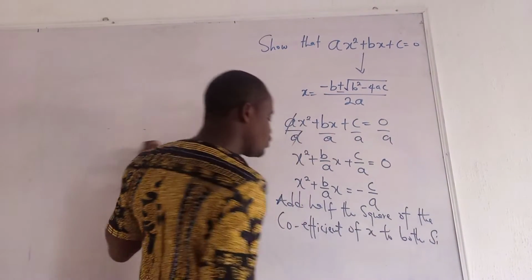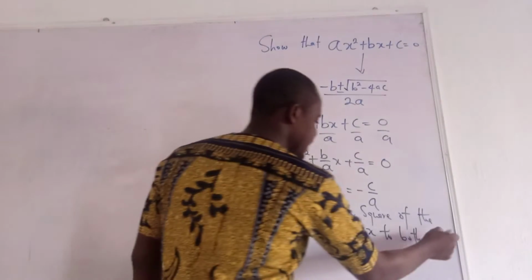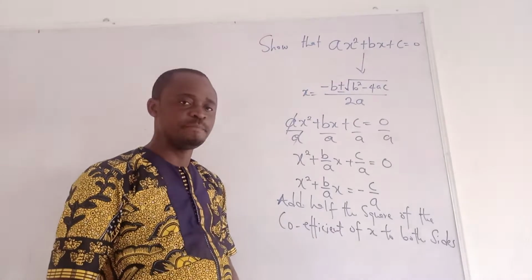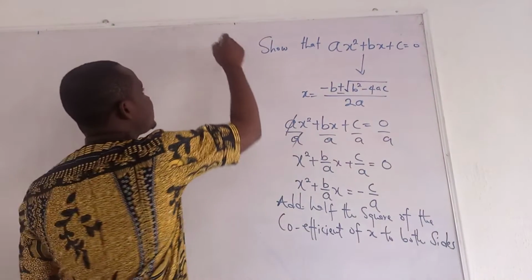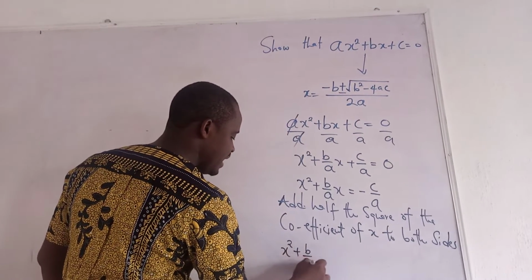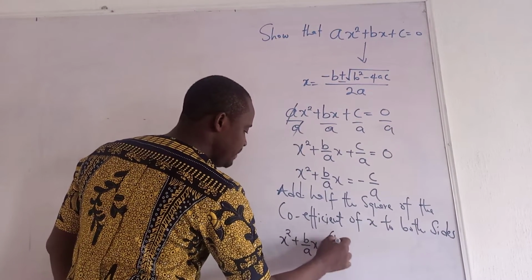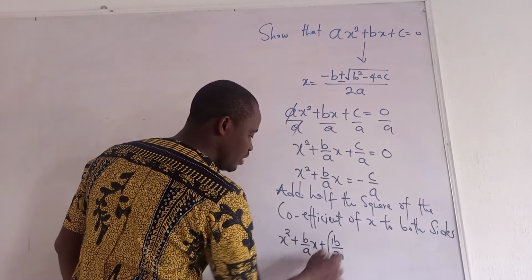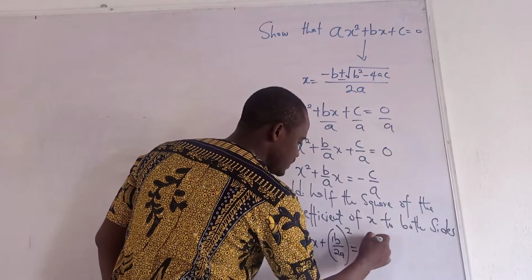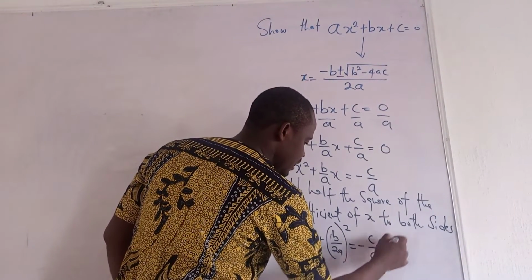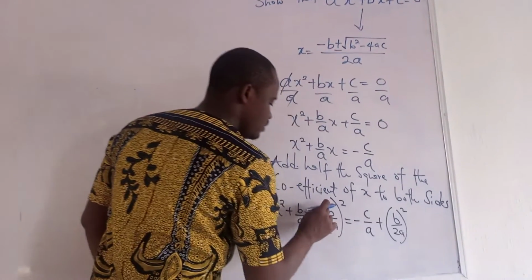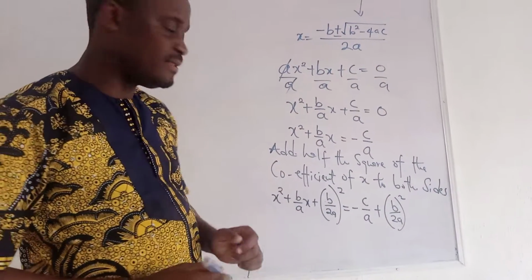The coefficient of x is b over a, so half of it is b over 2a. So x squared plus b over a x plus b over 2a, squared, equals minus c over a plus b over 2a, squared. I've added half the coefficient of x, squared, to both sides.